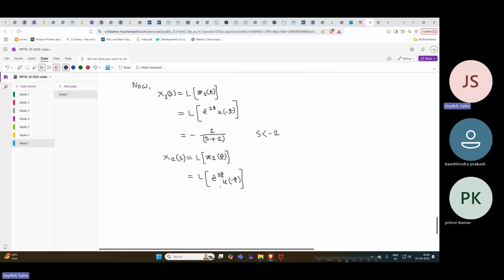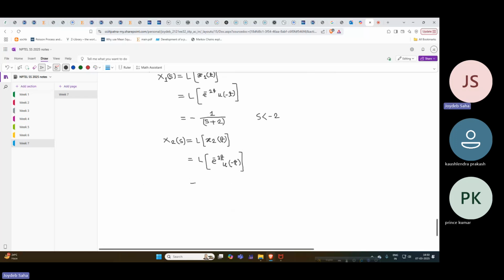And in similar manner, this is 1 upon s plus 3 with the region of convergence s less than minus 3.